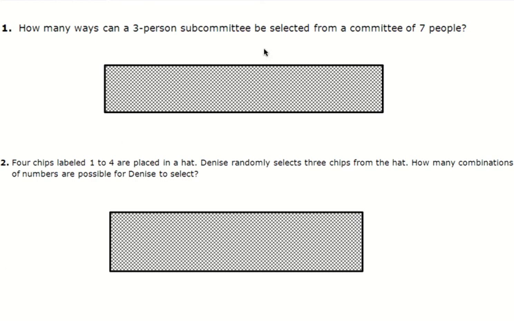Let's say, here we go, number 1. How many ways can a 3-person subcommittee be selected from a committee of 7 people? Essentially, how many groups of 3 could I make from a group of 7?